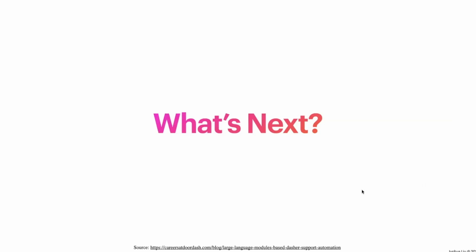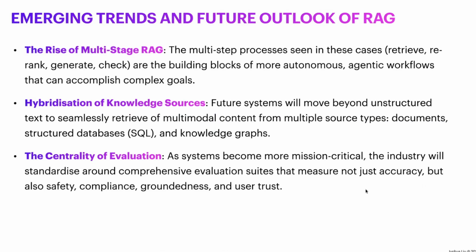So beyond this, what is next in RAG? We have seen some emerging trends and future outlook of RAG, such as the rise of multi-stage RAG. These are just examples. All these examples were reported either in the past 2 years or some of them very recently.